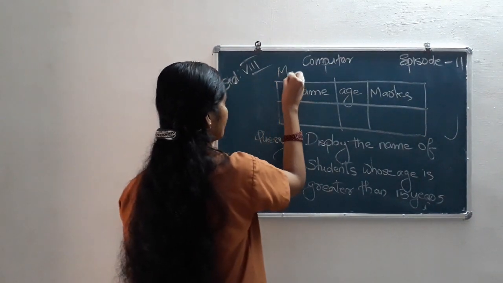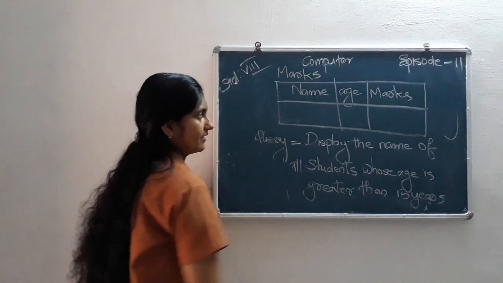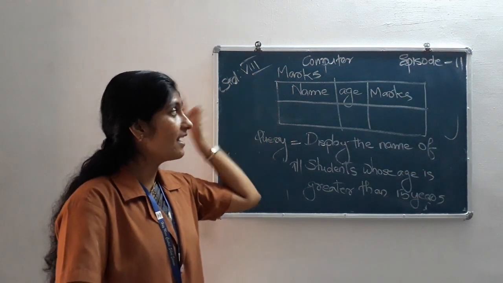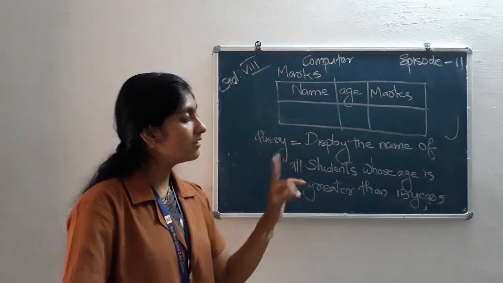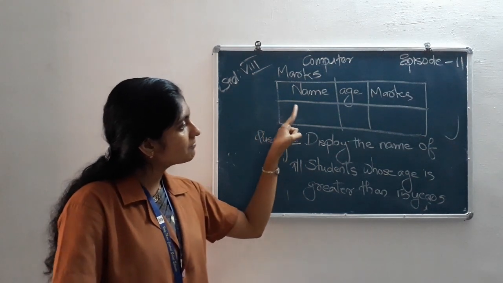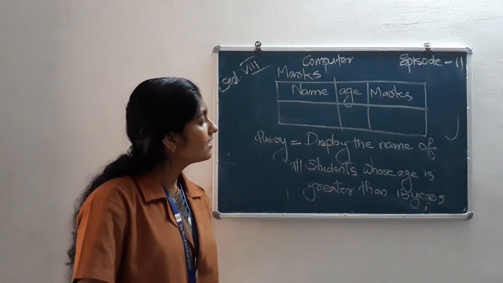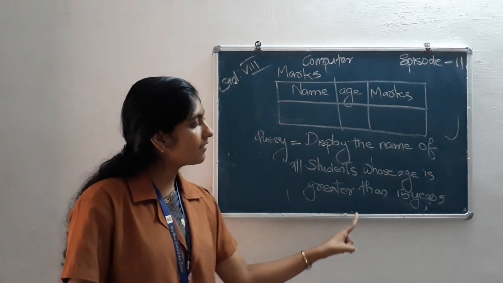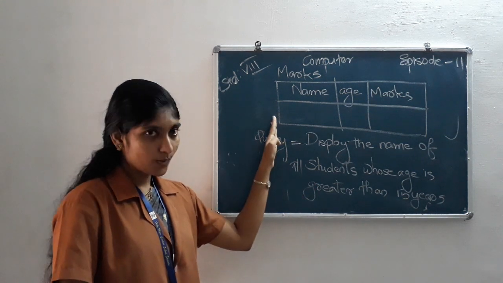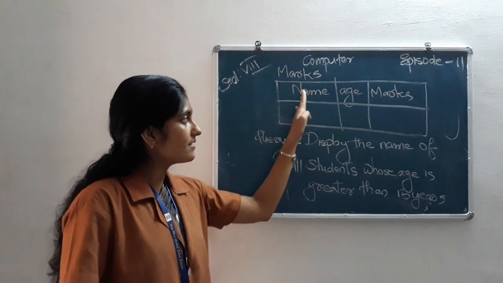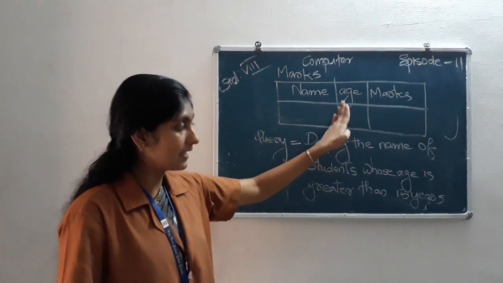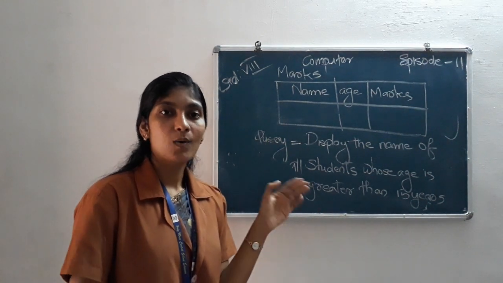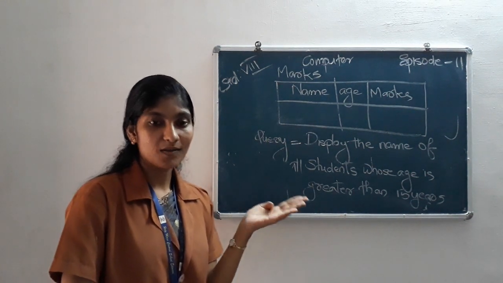Here first we select the table and then select the fields. For example, we select the fields name, age, marks. The query is: display the name of all students whose age is greater than 15 years. So finally the list of students whose age is greater than 15 will be displayed on the screen.